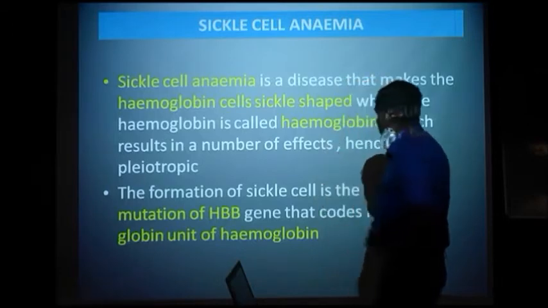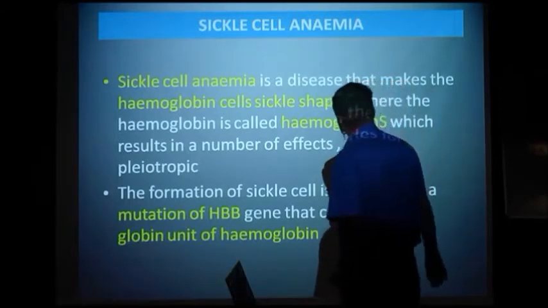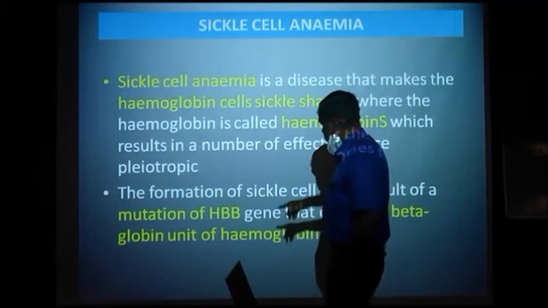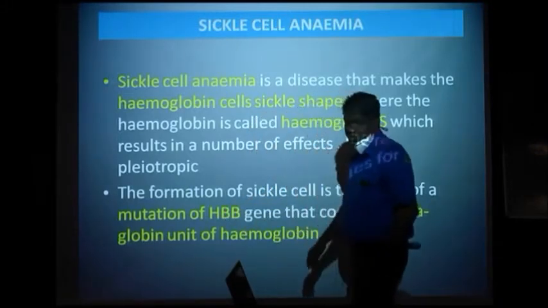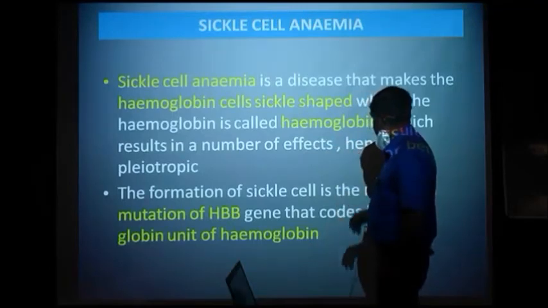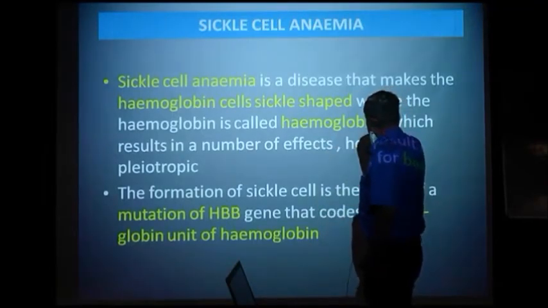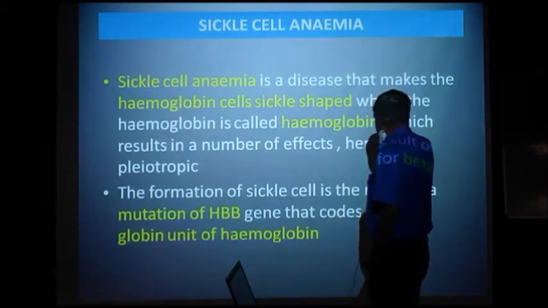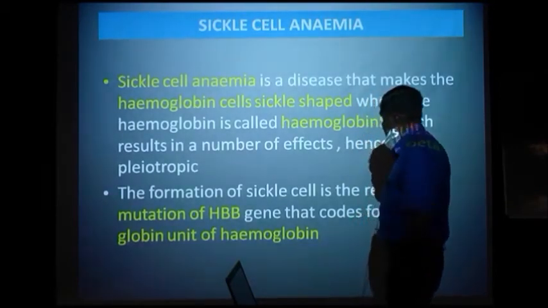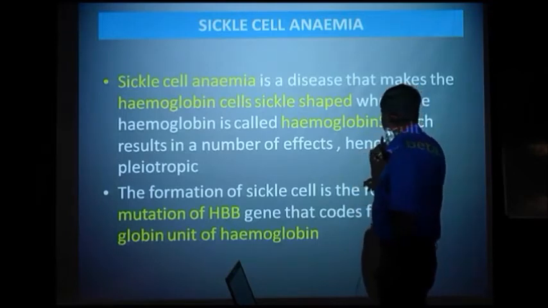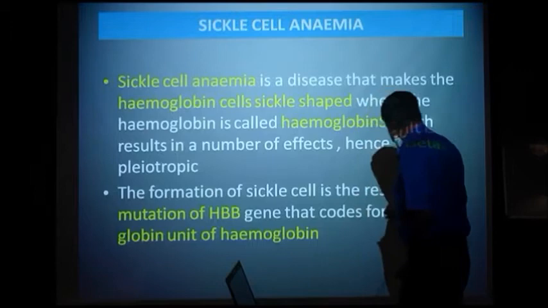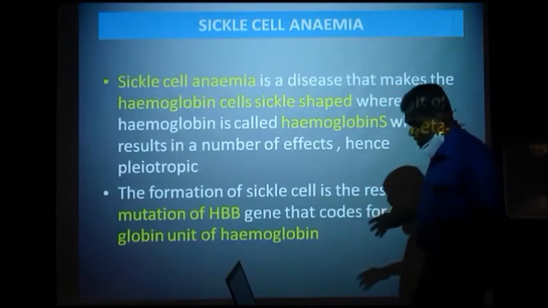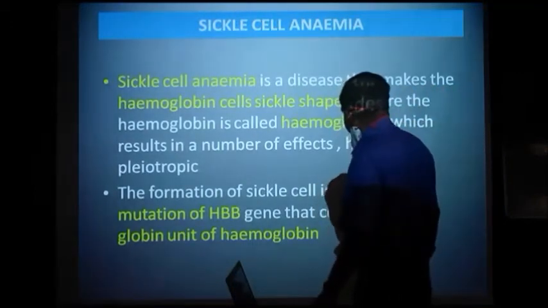Now, sickle cell anemia is because of a mutation in the gene HBB. HB stands for hemoglobin, and because of the mutation, the hemoglobin is changing to hemoglobin S. Hemoglobin S, and what does it do? The beta hemoglobin unit is affected.